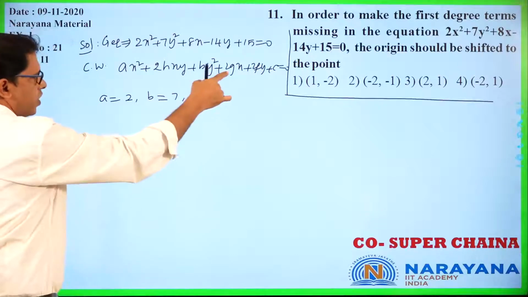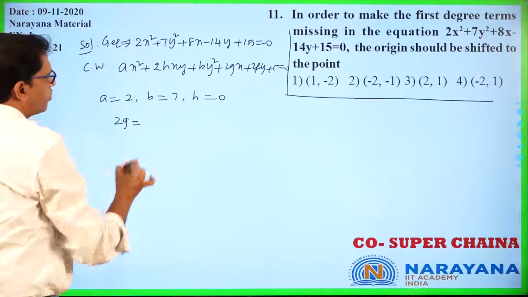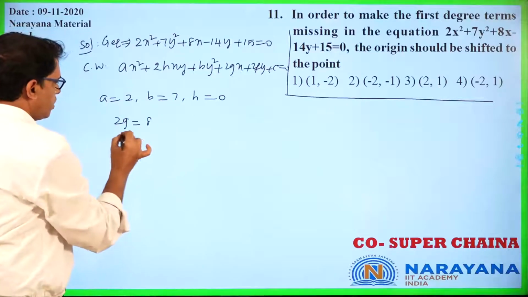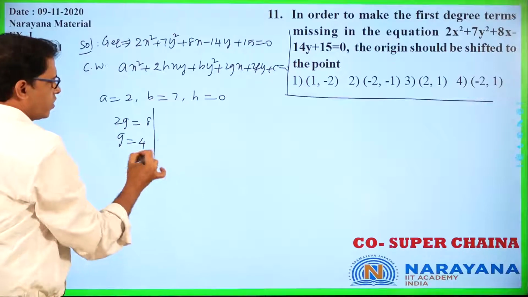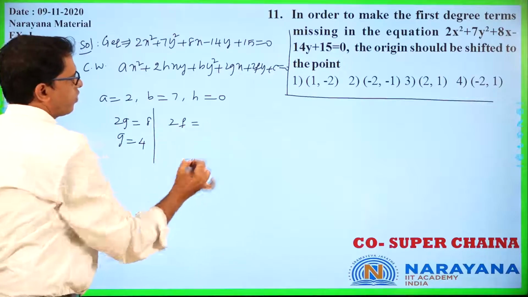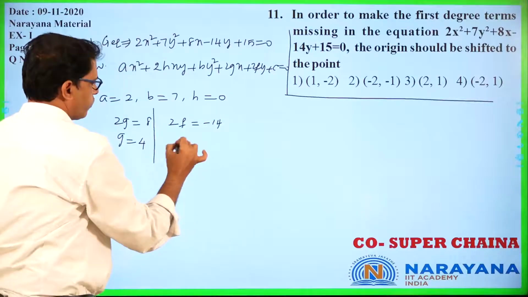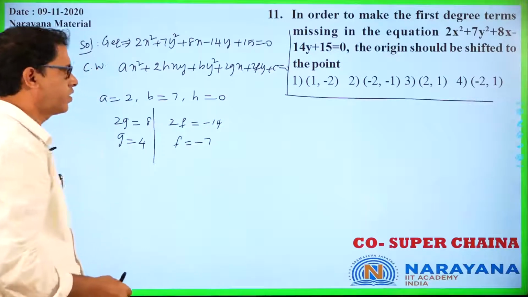And what about 2g? 2g means the x coefficient, 2g equals 8, so g equals 4. Then 2f equals the y coefficient, so 2f equals minus 14, f equals minus 7.